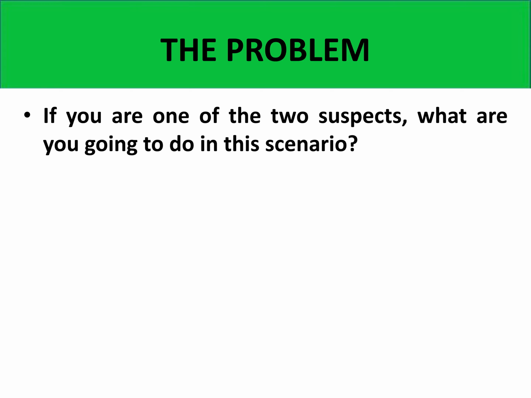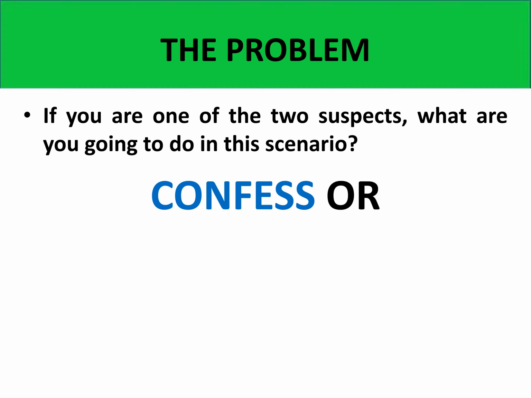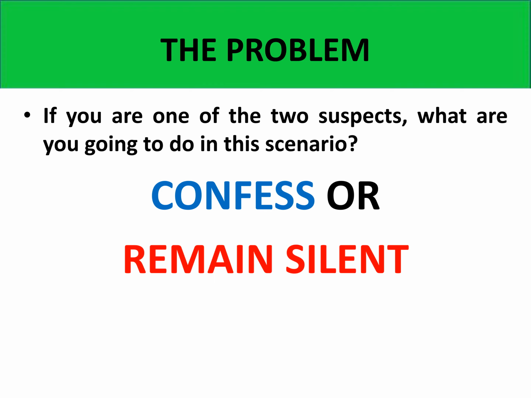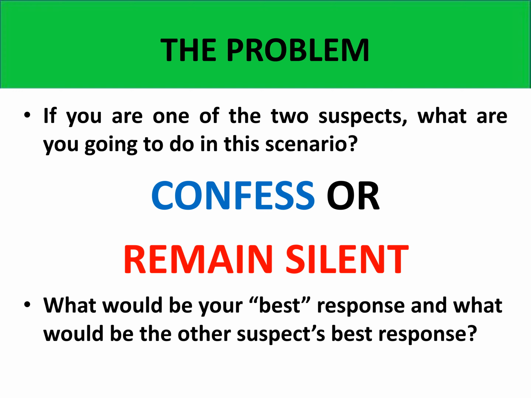Now the problem is, if you are one of the two suspects, what are you going to do in this scenario? Are you going to confess or are you going to remain silent? What would be your quote-unquote best response and what would be the other suspect's best response?